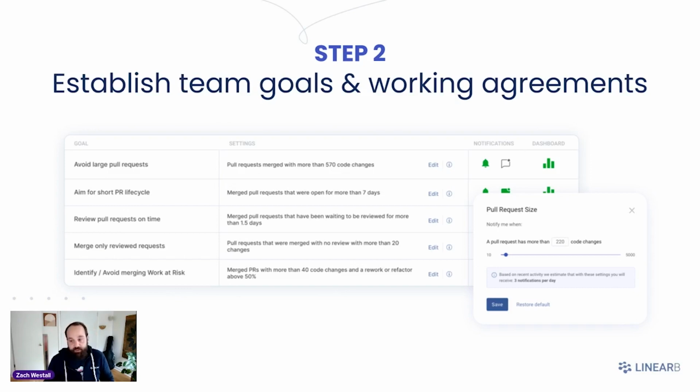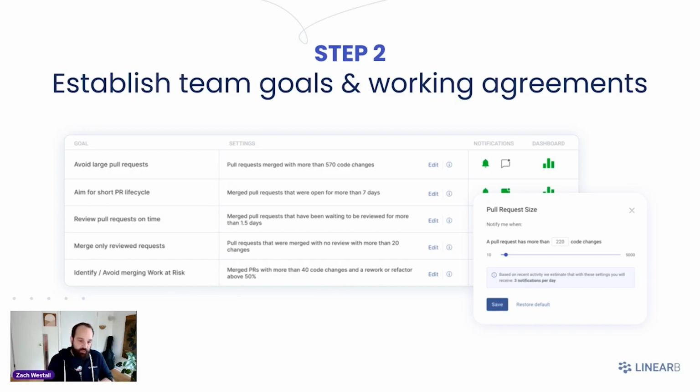Maybe on your team, you have a policy set that PRs that are over a certain size have to have 2 reviewers. Maybe, if a junior dev issued the PR, a senior dev has to review it. Whatever works for your team.